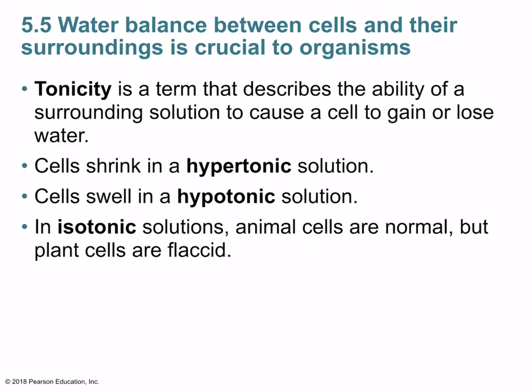All right, so let's look at our definitions. Hypertonic means high water pressure. Hypotonic means low water pressure. And isotonic solutions are solutions that are equal in water pressure to both sides. And the only way for that to happen is if they both have the same exact concentration of dissolved substances.